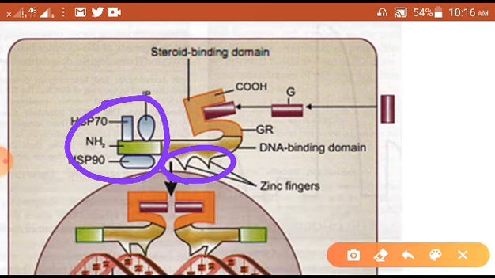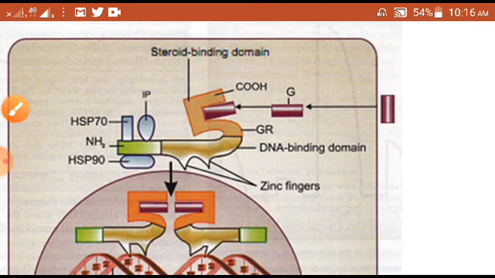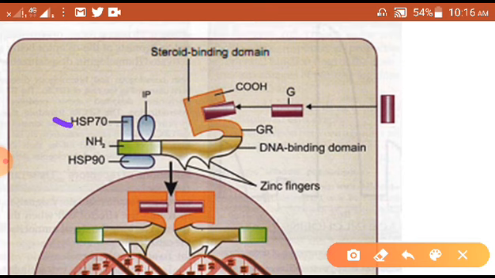Here you can see there are different proteins attached, which we call HSP 70 and HSP 90. HSP means heat shock protein 70, heat shock protein 90. And this is called IP, immunophilin. So three proteins are attached here, HSP and IP, and these have regulatory effects.